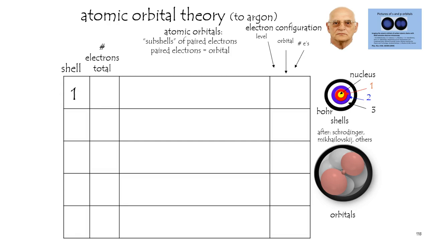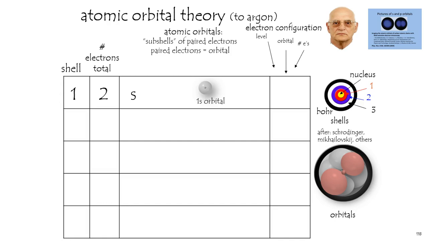The first shell can hold 2 electrons. The subshell within it is the only subshell for the first shell. We call it the s orbital, and it looks like that. So imagine for an atom, we have a nucleus and we have 2 electrons within that region, and we'll call that the 1s orbital.